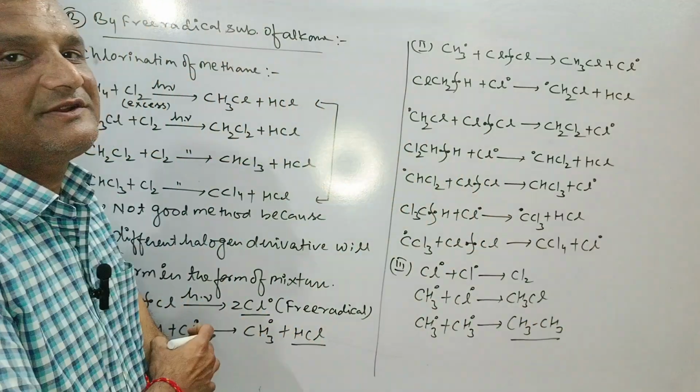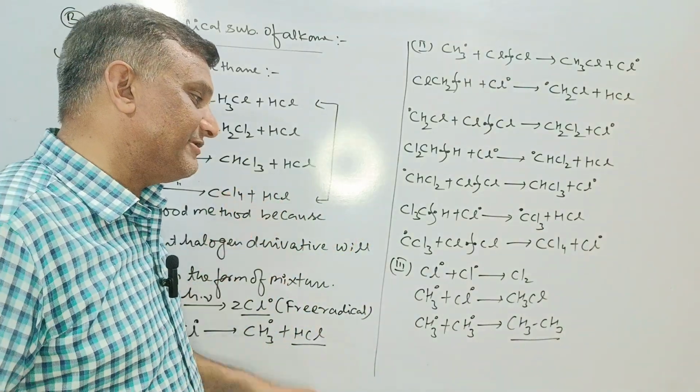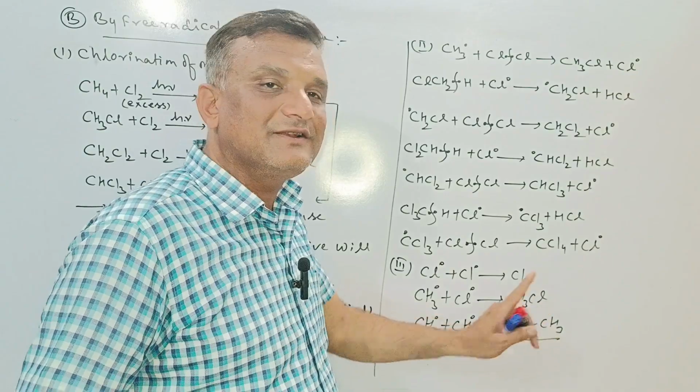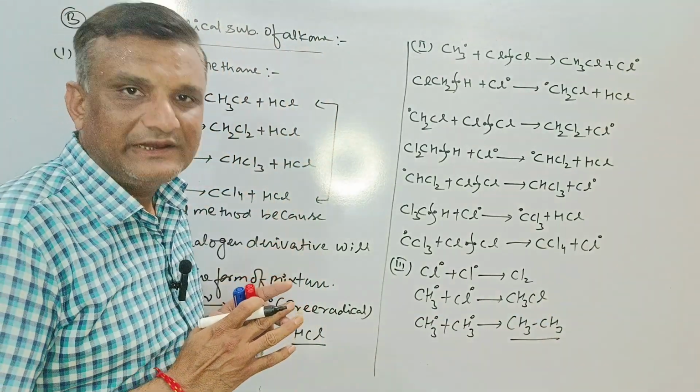So different halogen derivatives form in the form of a mixture, and not only halogen derivatives but also alkane and Cl2. So it's not a good method for the formation of halogen derivatives.